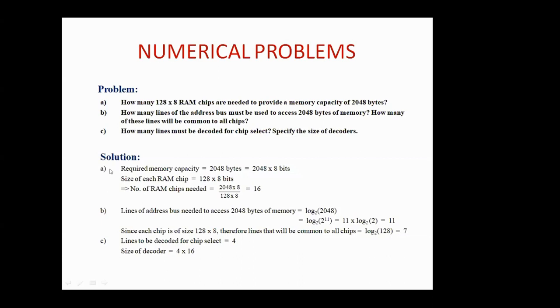So let us see part A first. The required memory capacity according to the question is 2048 bytes, which is 2048 into 8 bits. The size of each RAM chip is given. It is 128 into 8 bits.